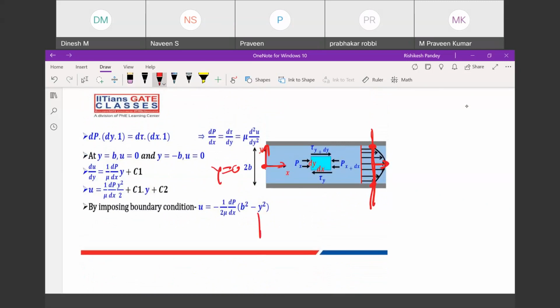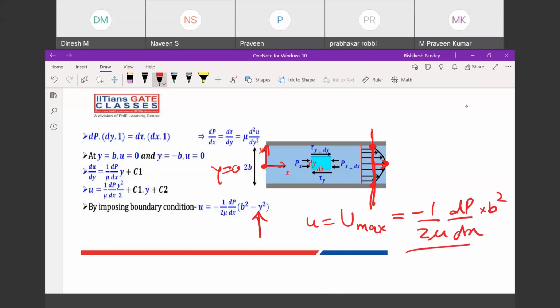So you put y equals to 0 here, and you will get u equals to u max. That u max will be minus 1 by 2 mu dp by dx multiplied by b square. This is the equation for maximum velocity. You don't have to remember it. You just remember this equation and put y equals to 0, and you'll get maximum velocity.